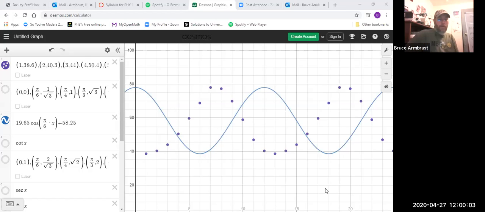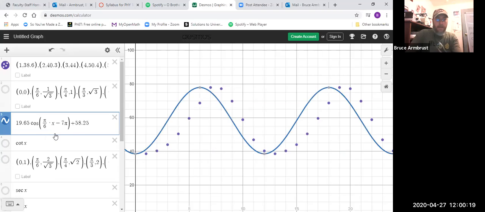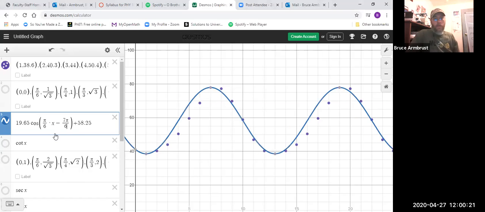Okay, so you should see my Desmos window. And let's take this thing and let's put in -7 pi over 6. So we'll put in that horizontal phase shift. So it's going to disappear for a second. And so here is the graph, including the phase shift.